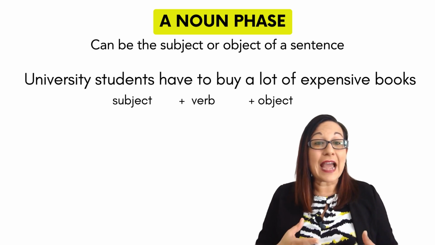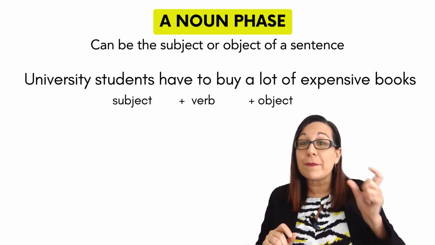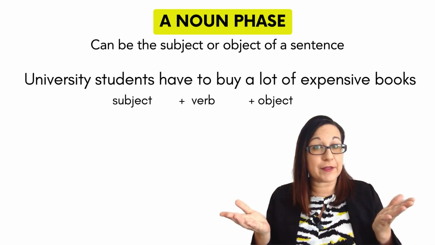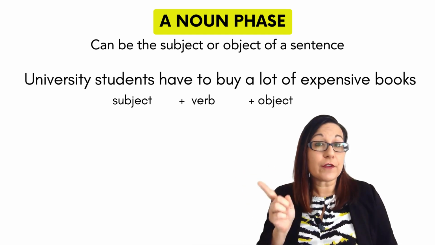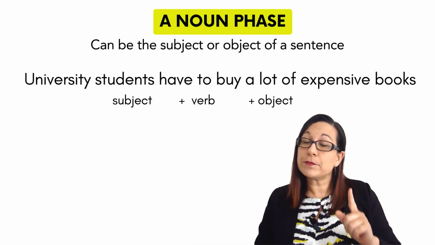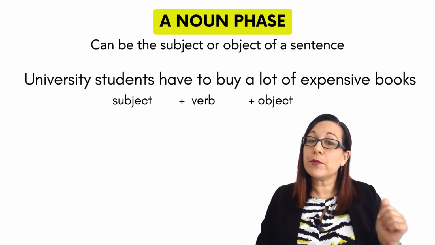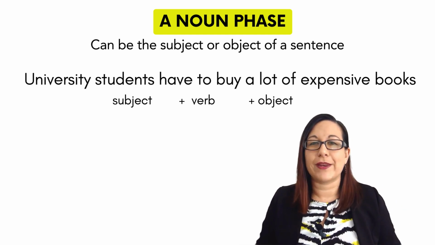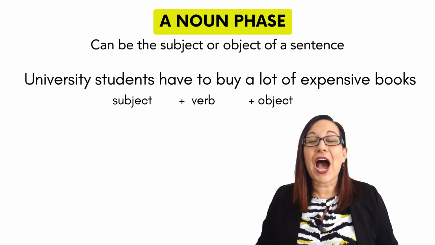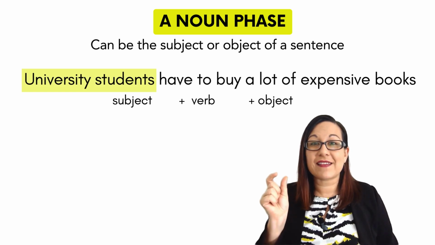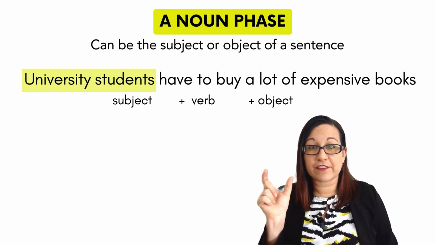Of course, nouns can be subjects or objects in a sentence, and the same is true for a noun phrase. So, university students have to buy a lot of expensive books. Wait a minute, I've actually got 2 different noun phrases here. I'm not just saying students, they are university students.